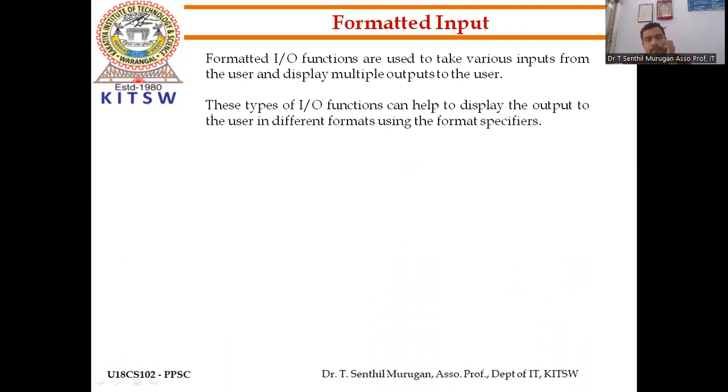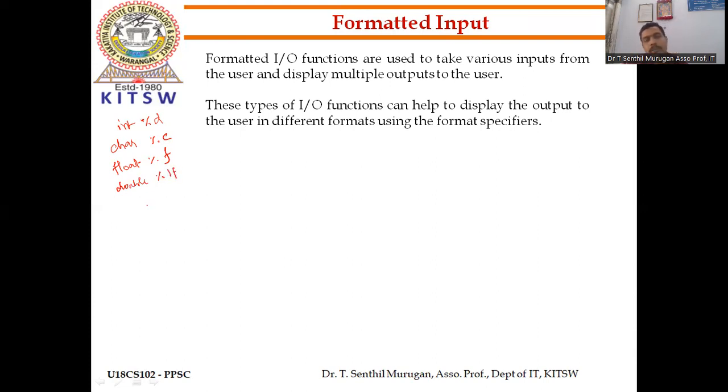These types of input output functions can help to display the output to the user in different formats using the format specifiers. So what are the format specifiers? Already we have discussed the format specifiers. For integer we know that %d, for character %c, for float %f, for double %ld or %lf.